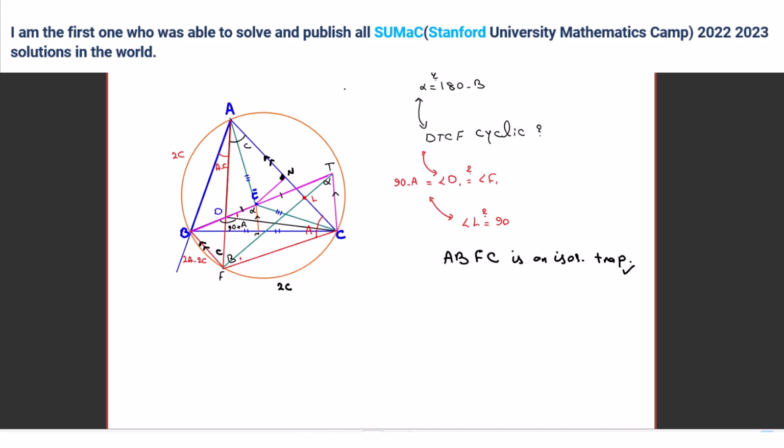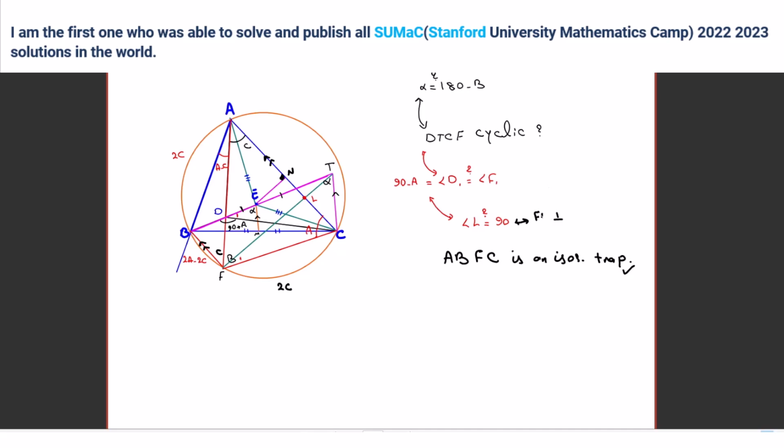Okay. So we know that if we want to prove L is 90, we should prove what is perpendicular to what? EN perpendicular to FL, perpendicular to AC.